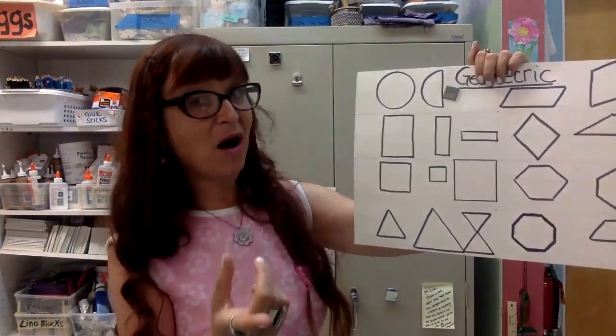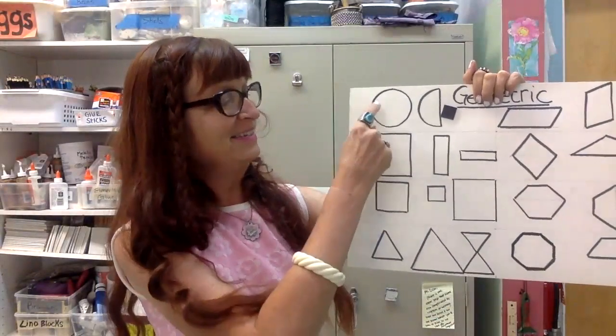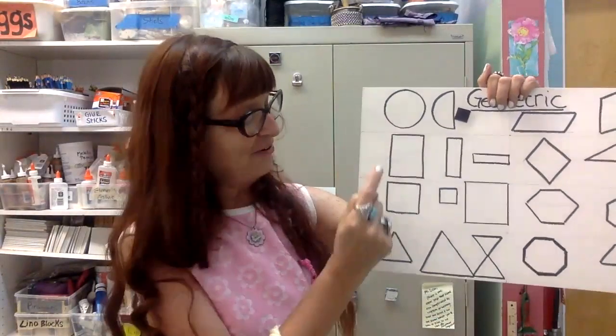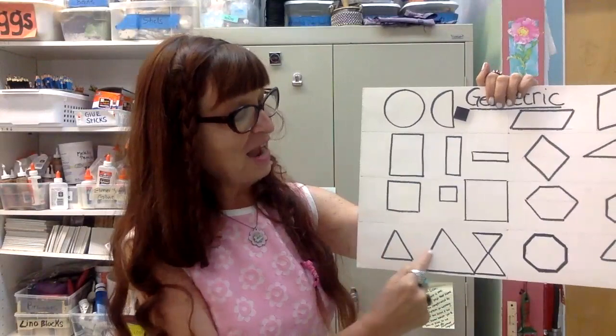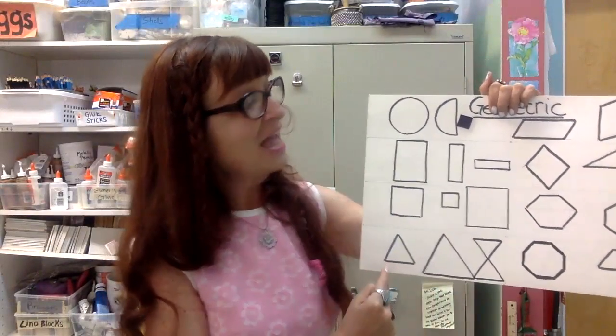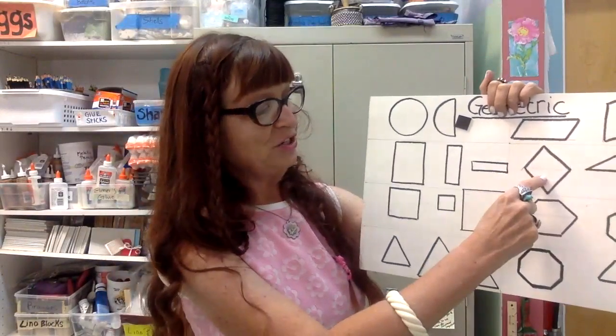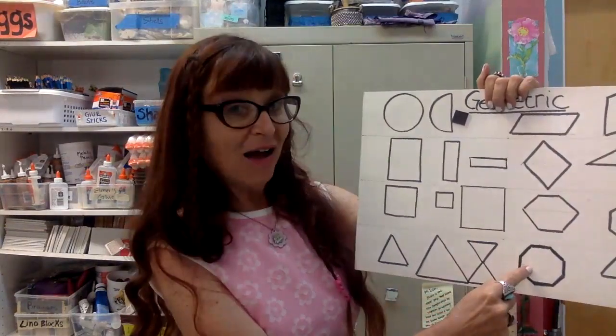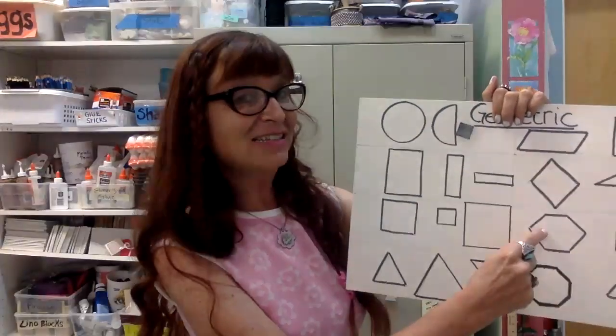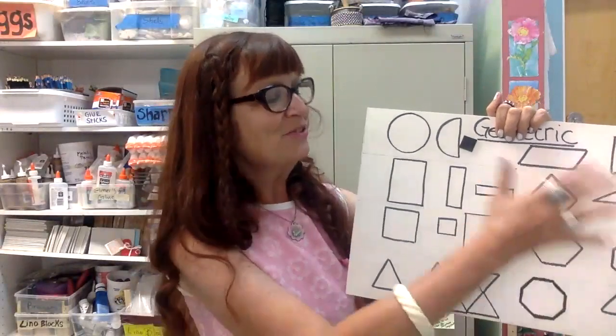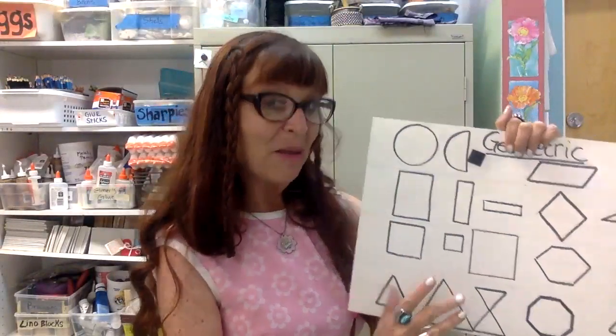So, of course, you all already know that this is circle, rectangle, square, triangle, different kinds of triangles, and diamond shape, octagon, it's got 8 sides, hexagon has 6 sides. So these are more geometric shapes.